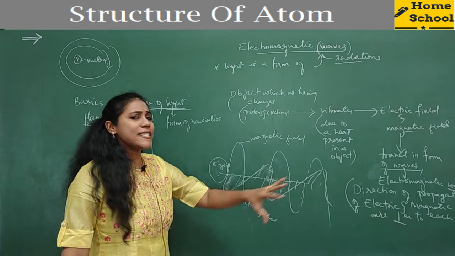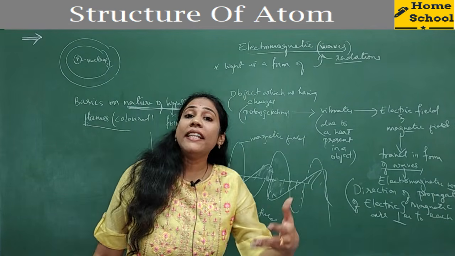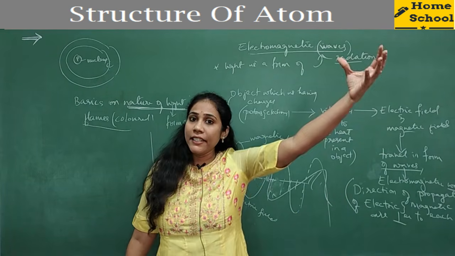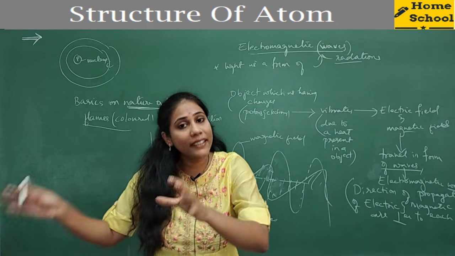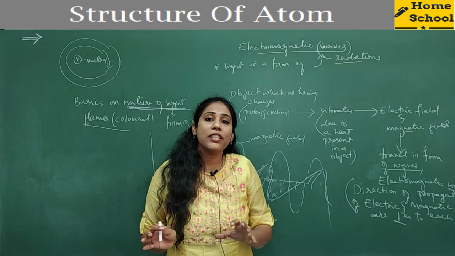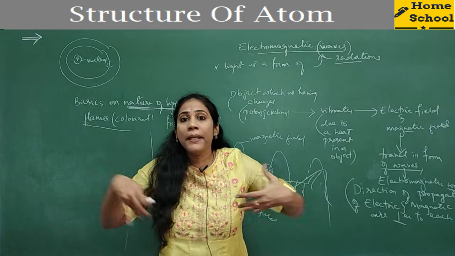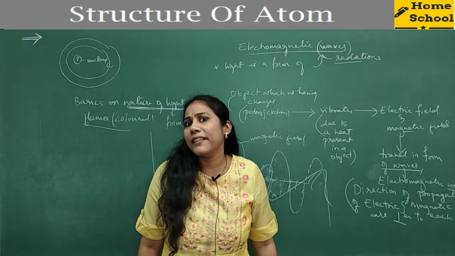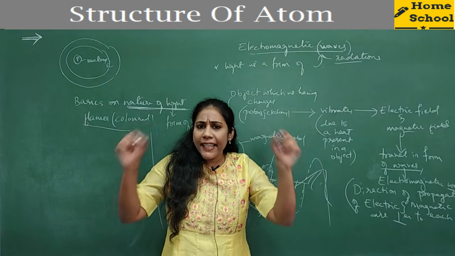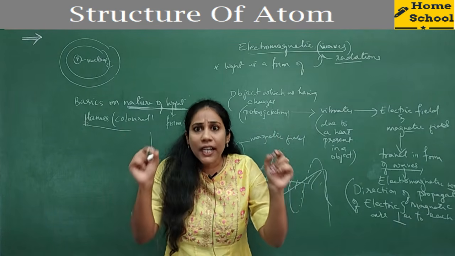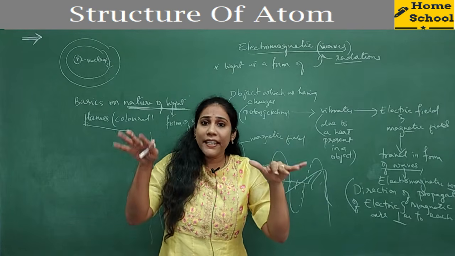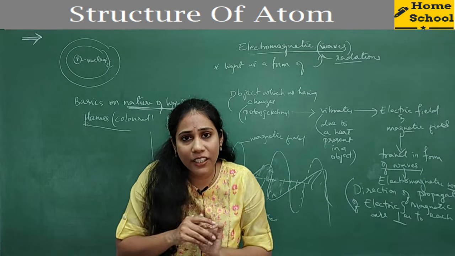Different objects will produce different types of electromagnetic waves. See, the sun will produce one type of electromagnetic radiation. Okay, and we human beings, every object can produce electromagnetic waves. Everything in the universe contains charged particles. They will definitely vibrate because a certain level of heat energy is there.